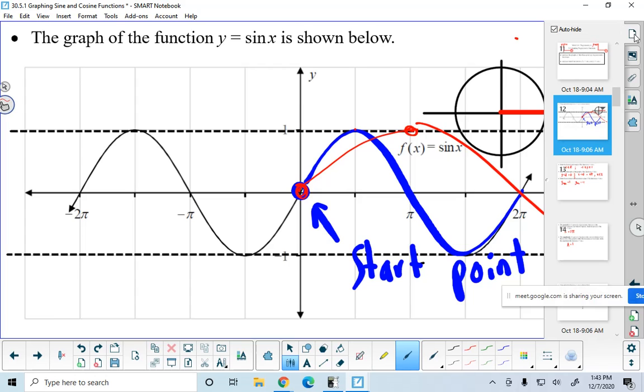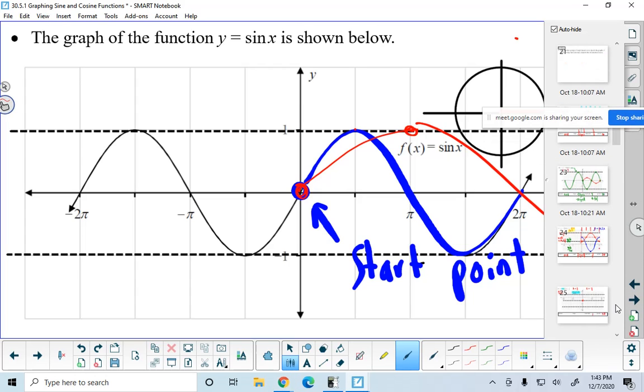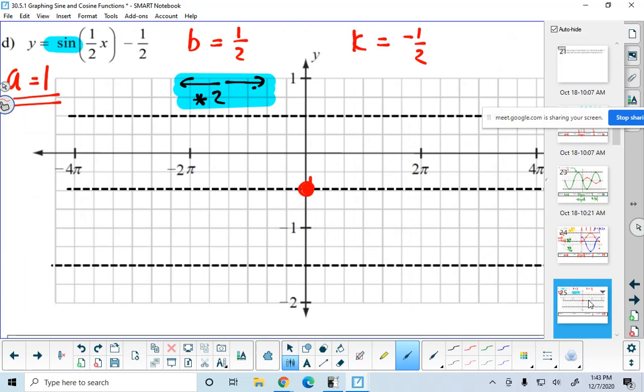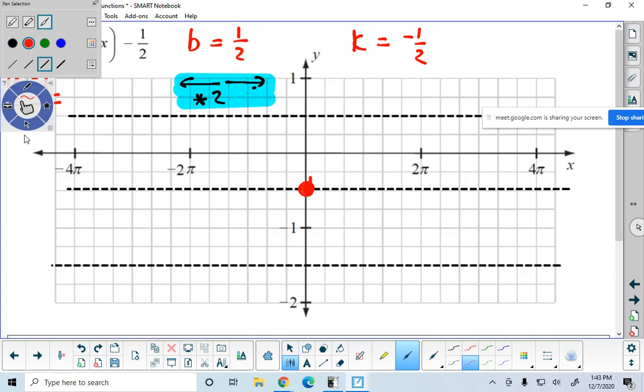So now when we sketch this, we are going to start at this red point going up, and we're going to go up, then down, then up, and come back to the middle over 4 pi.